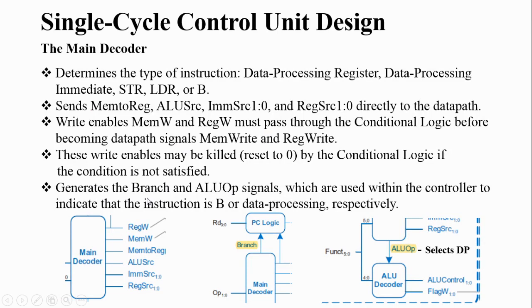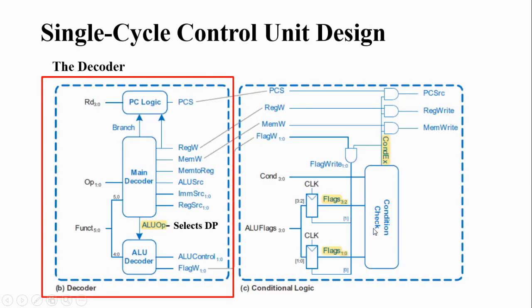Then it also generates the branch and ALU output signals based on the branch or data processing instruction. You can see here the main decoder generates branch and ALU output. If you are executing some branch instruction, this signal will be given to the PC logic, so PC will be updated appropriately. How to update the PC we have already seen while executing the branch instruction in one of my previous lectures.